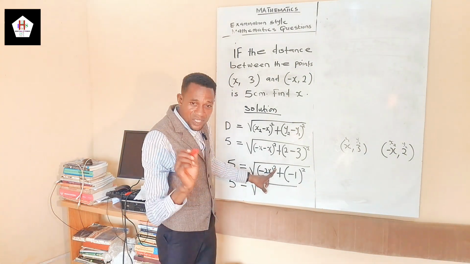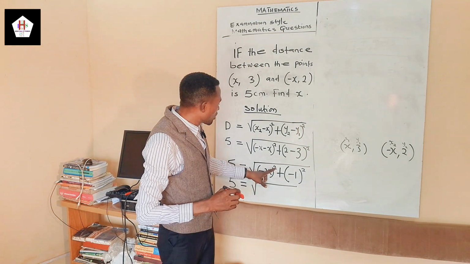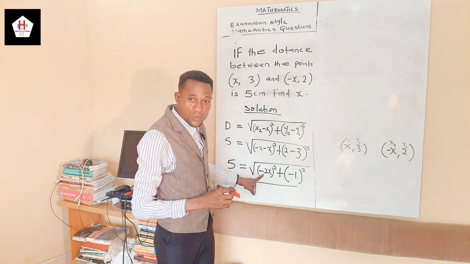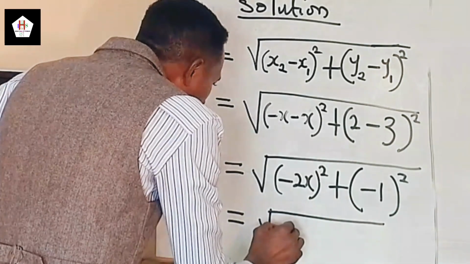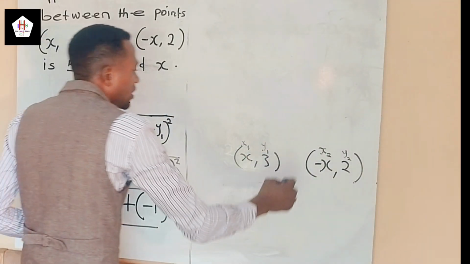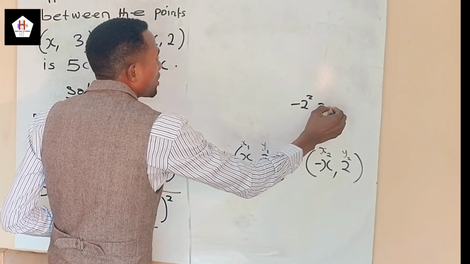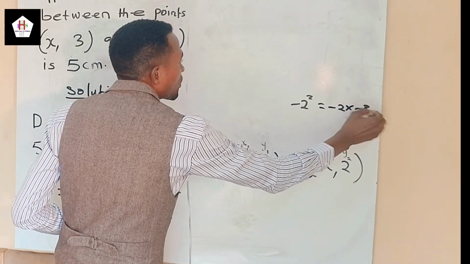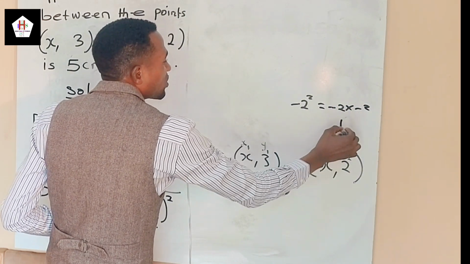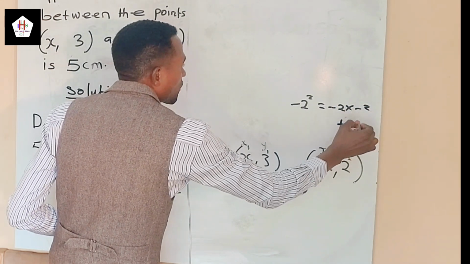What happened to this square? We are going to take the square of minus 2, which is 4. That is to say, if you have minus 2 raised to the power of 2, it means minus 2 times minus 2. And minus times minus is positive, then 2 times 2 is 4.